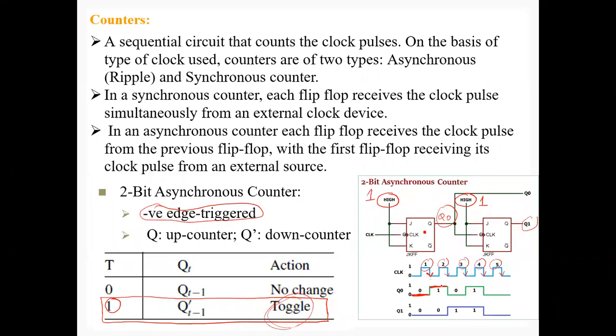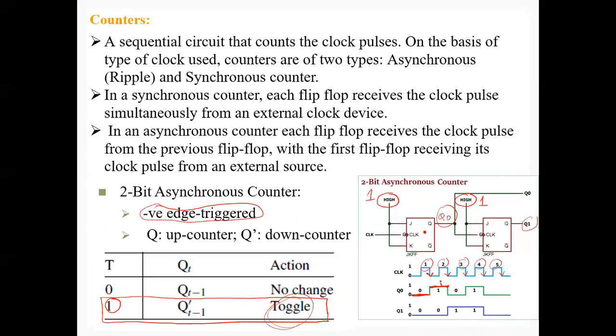Now at this point, with the negative trigger again, toggle means the opposite of whatever we have now.